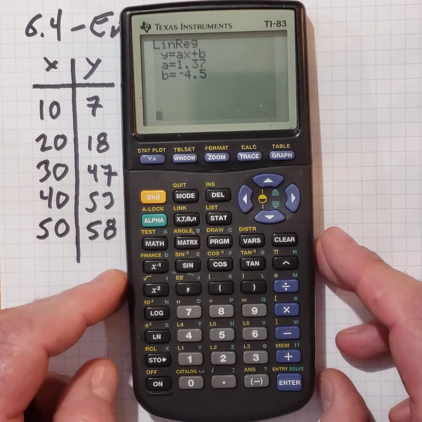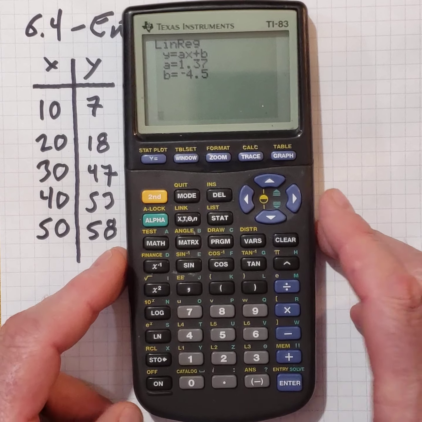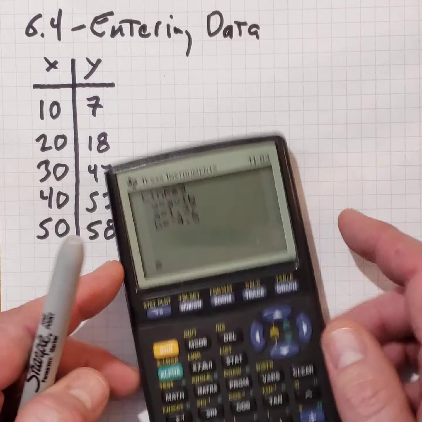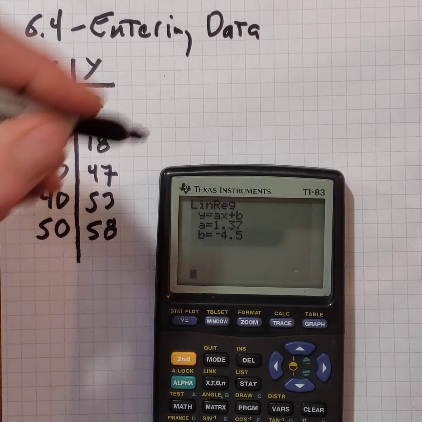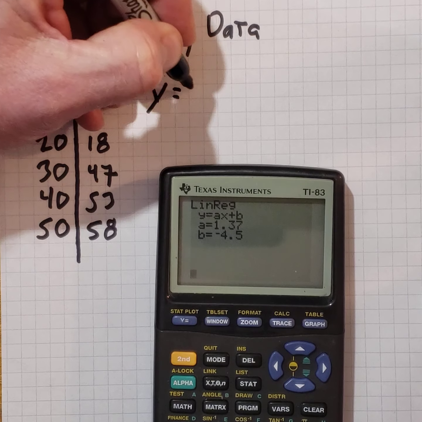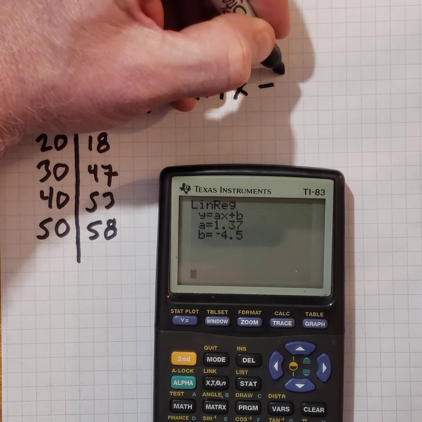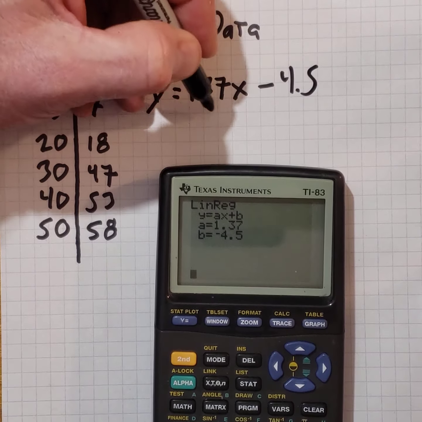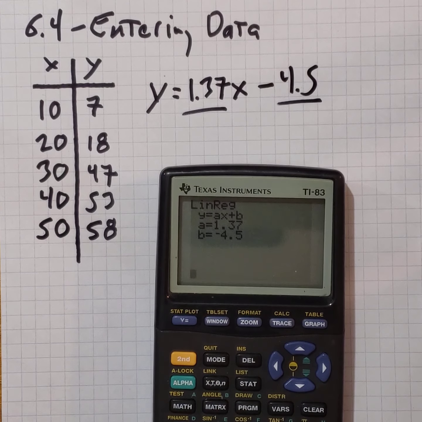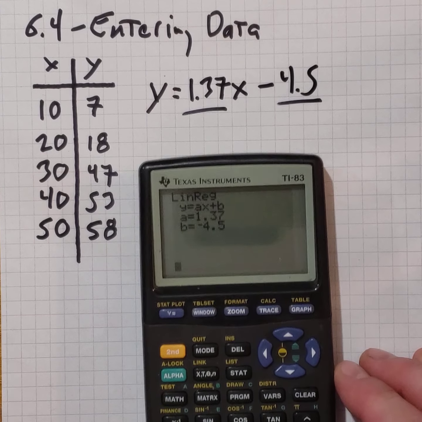What that means is the line of best fit through these points, through this data, is y equals 1.37x minus 4.5. So it gives us our slope and our y-intercept. And that's the line that will do the best job of hitting all of those points.